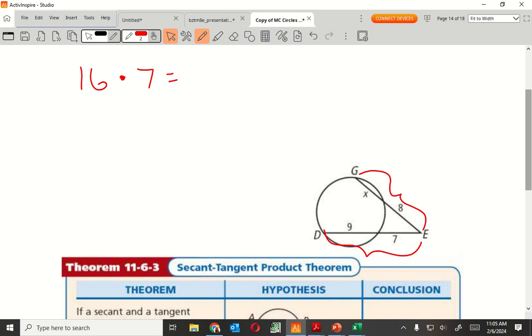Almost. So close. No, think about it. What did you do to get D to E? Add them together. So what do you think I'm going to do to get from G to E? Oh, it's 9. This one right here, 9.